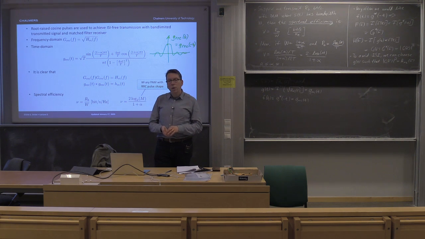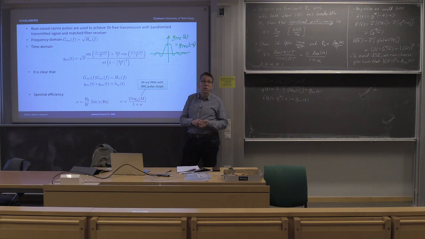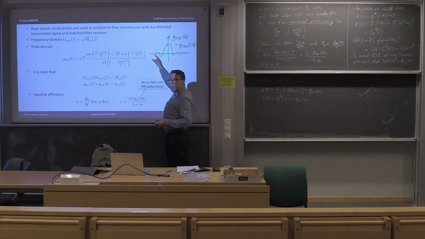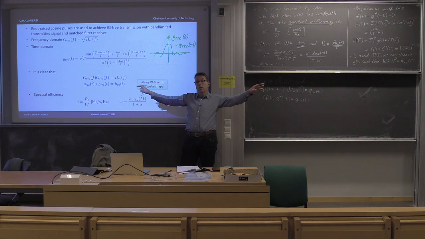Okay. So what is the problem with this pulse? Yes? It's not causal. That's one thing. It has something on the negative side here, which is problematic. And furthermore, it also extends from minus infinity to infinity.